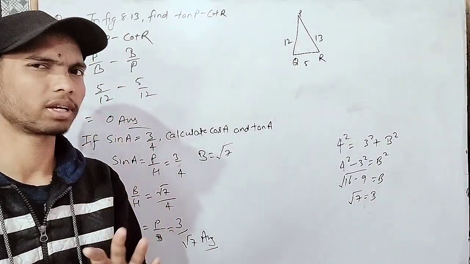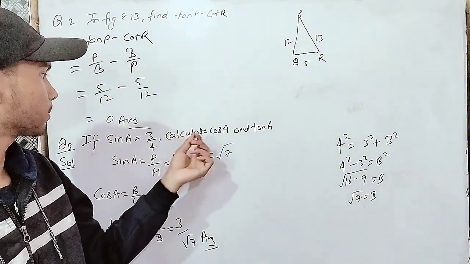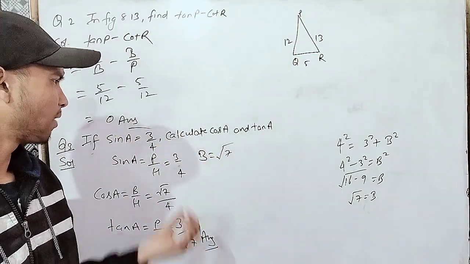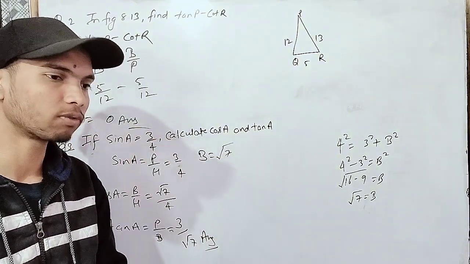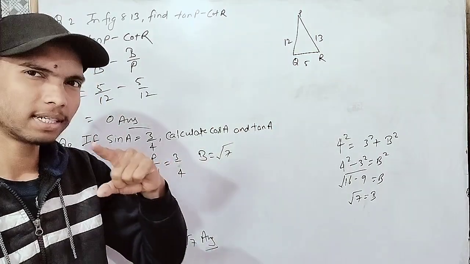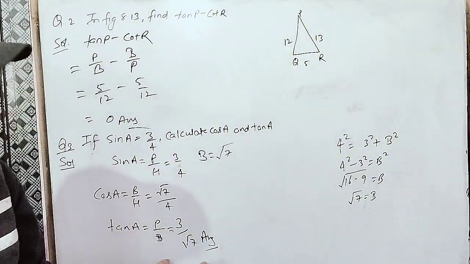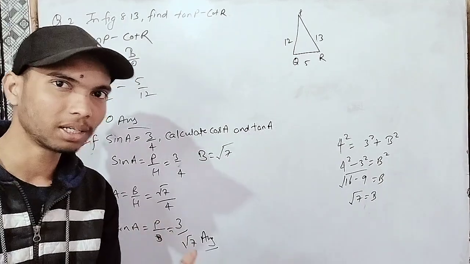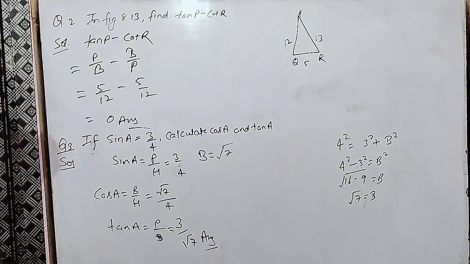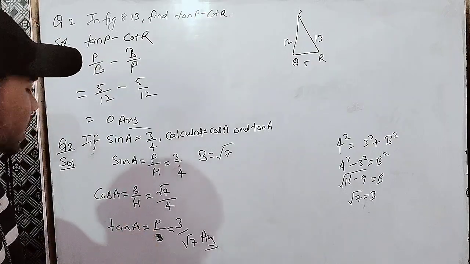Whatever the question is, we will find out the same way. So the question was saying, if you have the value of sin A which is 3 by 4, calculate cos A and tan A. We don't know the value of B, because in the ratio of cos A, which is B by H, we must have the value of B. So we used this method to find B. Then we were comfortable solving cos A and tan A. That is it.